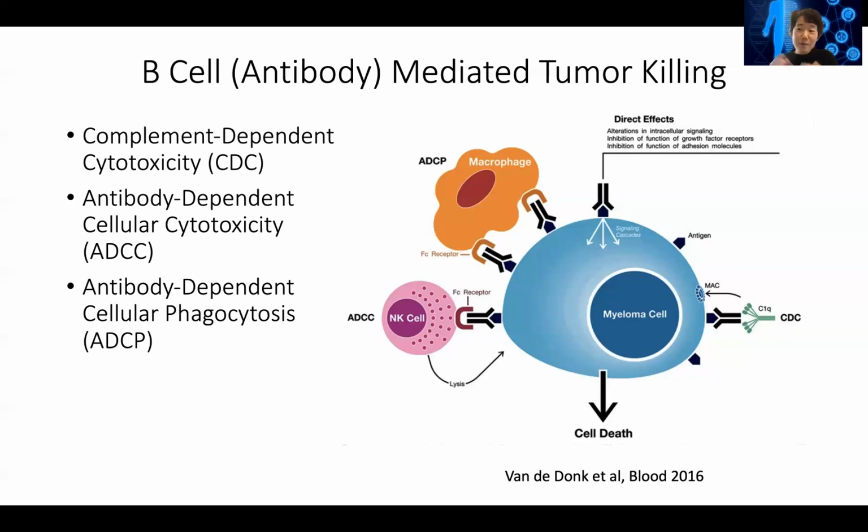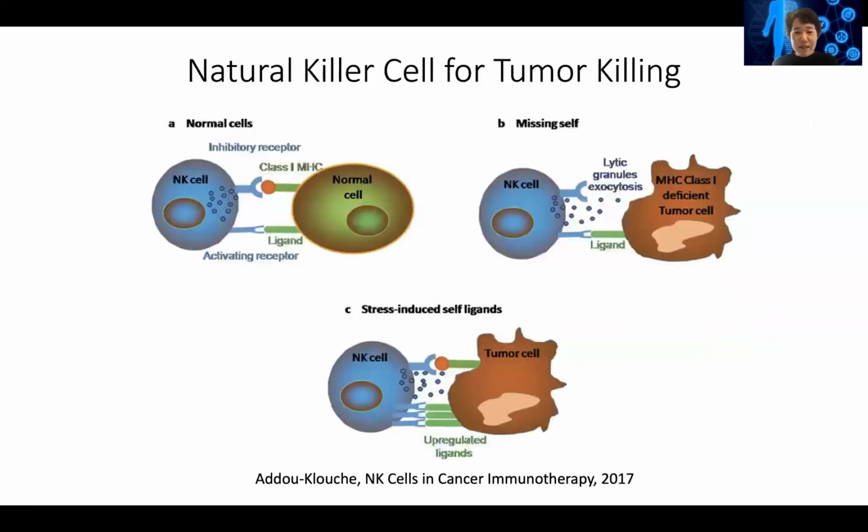And so you can see B cells, they don't directly kill, but through CDC, ADCC, and ADCP, they can recruit other members there to do the killing. And so with natural killer cells, they kill with the following mechanism.